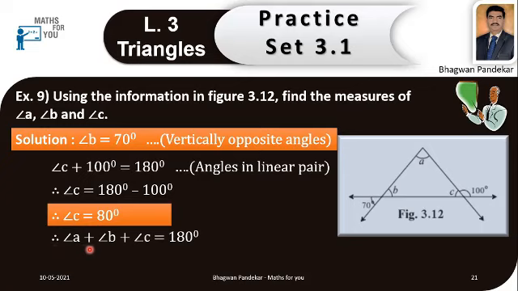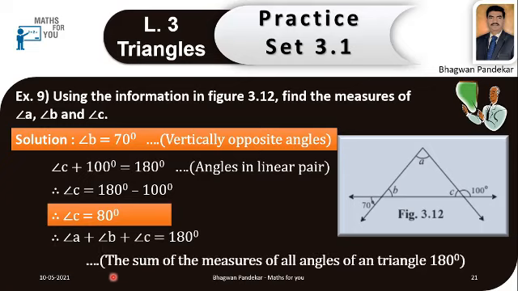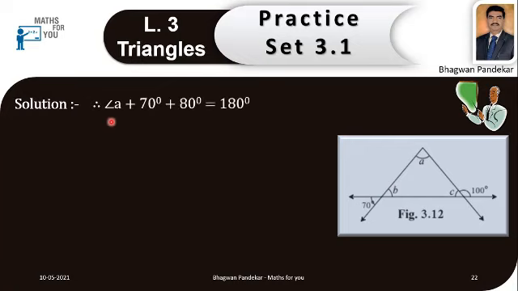Therefore, angle A plus angle B plus angle C is equal to 180 degree. Reason is the sum of the measures of all angles of a triangle is 180 degree. Putting the values of angle B and angle C in this equation, we get angle A plus 70 degree plus 80 degree is equal to 180 degree.